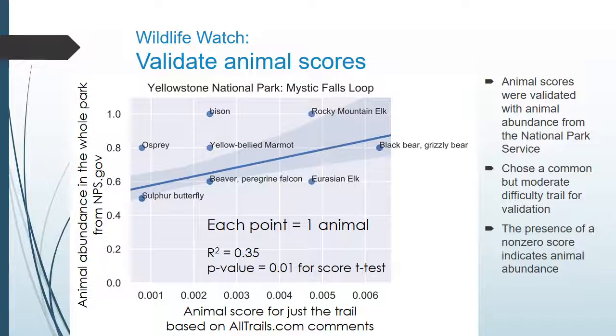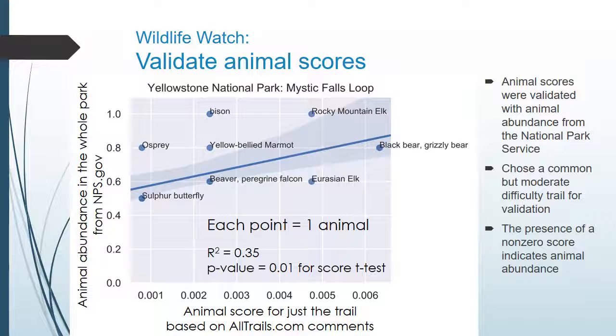This is just for a particular trail that's more moderate. It provides a good sample size and a good sampling of comments that might talk about a variety of animals. So here we see that at least when there is a score, because there are many animals for which there is no score, because nobody is talking about certain animals, when there is a score above 0, first of all, those animals tend to be more abundant.